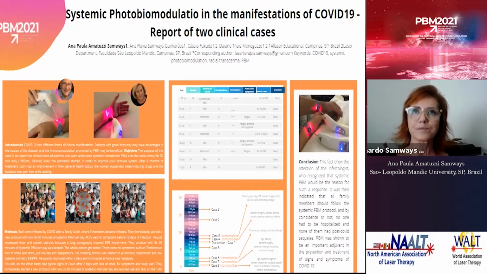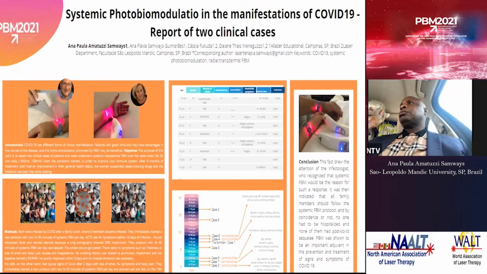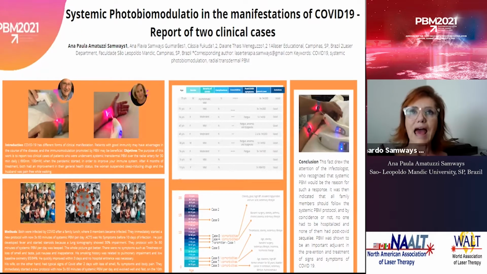I'm from Brazil, and I'm here today to talk about two clinical cases from COVID-19. Photobiomodulation had really good results in increasing the immune system of both these patients, preventing more severe complications and also leading to fewer sequelae after COVID.